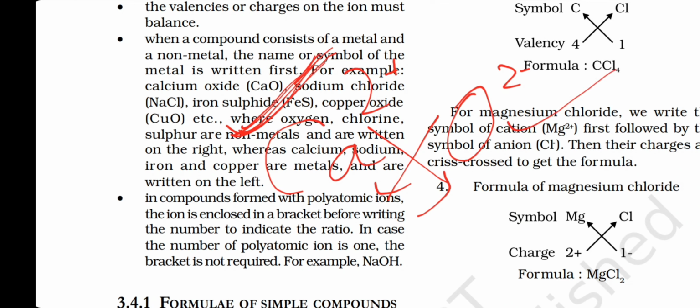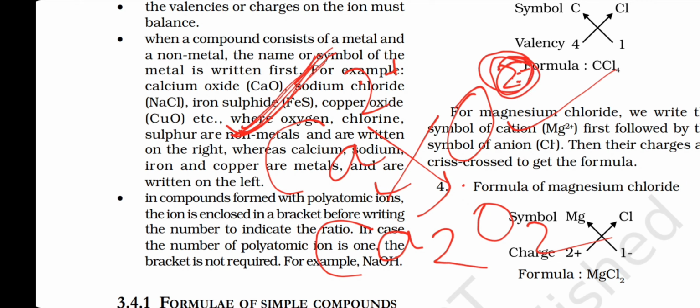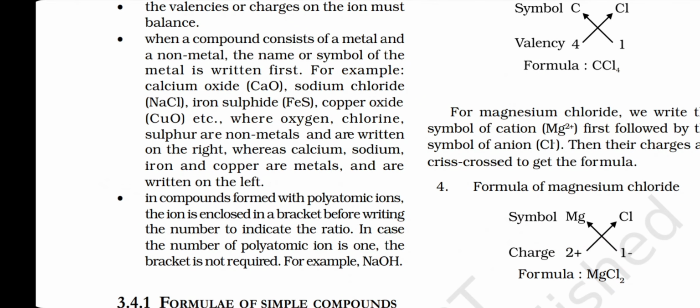That gives Ca2O2. The valency of the negative anion comes to the subscript of calcium, and that of calcium comes to the subscript of oxygen. But here both are 2, so we don't need to write the 2 in both cases. This will be cancelled, so we write it as CaO, which means calcium oxide. Okay, so here are the different examples given.